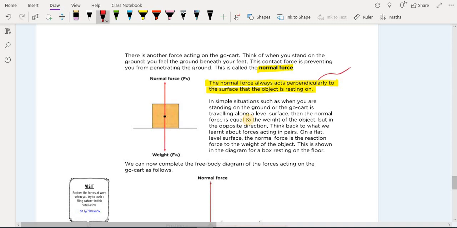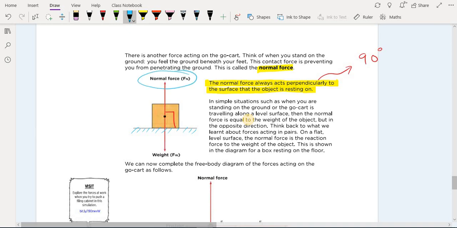What does perpendicular mean? 90 degrees. And so this angle there is 90 degrees between the surface and the object. And the normal force is that upward force on the object.